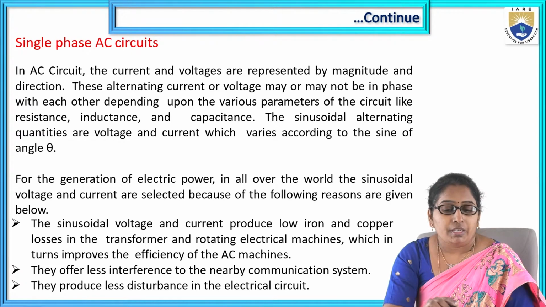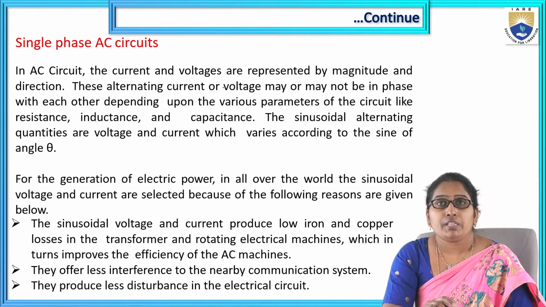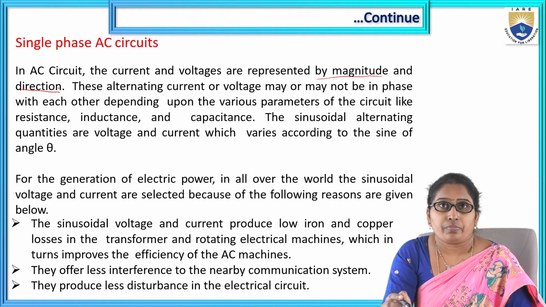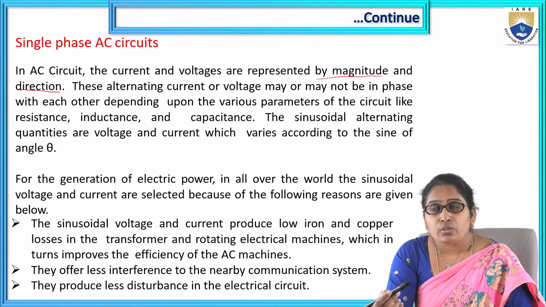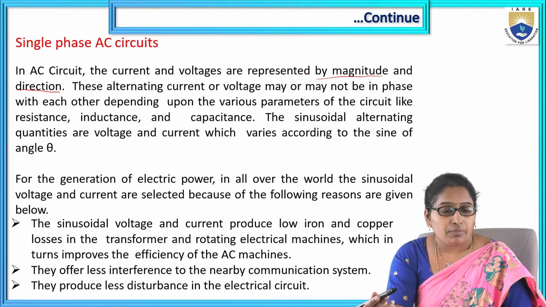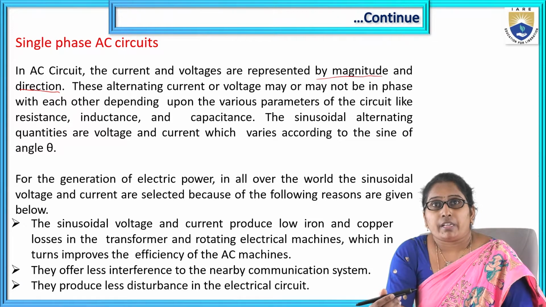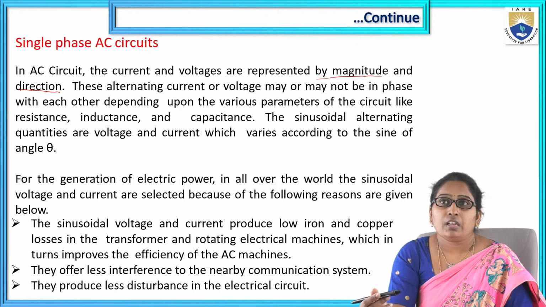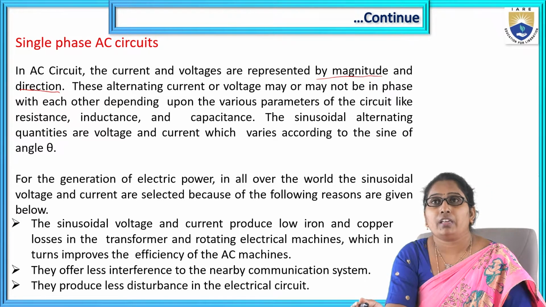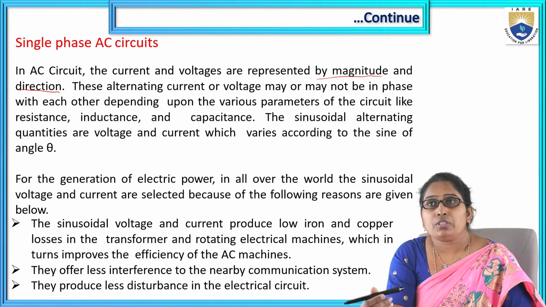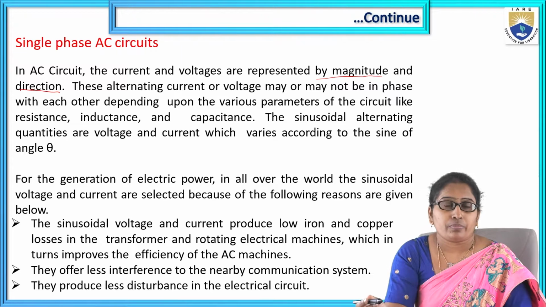That's why it is mentioned that AC voltages and currents are represented by magnitude as well as direction. Also, as I mentioned in my previous classes, the examples for AC supply are a sinusoidal signal, a trapezoidal signal, a triangular signal, signals which vary continuously with respect to time.